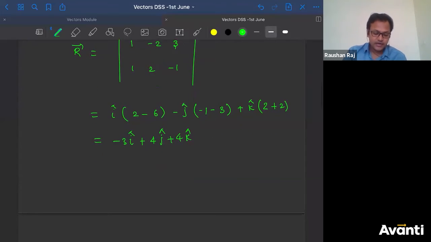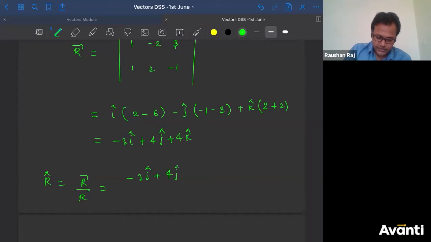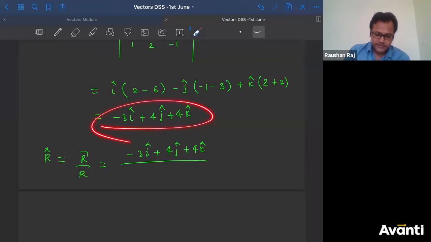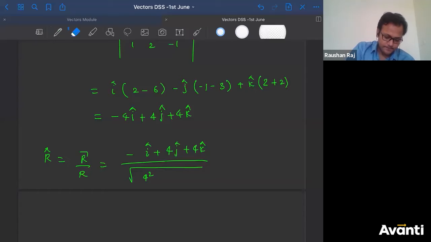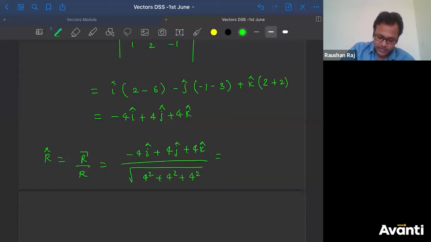Got it? So what is the R cap vector then? R cap will be equal to vector R divided by its magnitude, so minus 4i cap plus 4j cap plus 4k cap divided by the magnitude. The magnitude will be the square root of 4 squared plus 4 squared plus 4 squared. So 4 squared appears 3 times, giving 4 root 3.